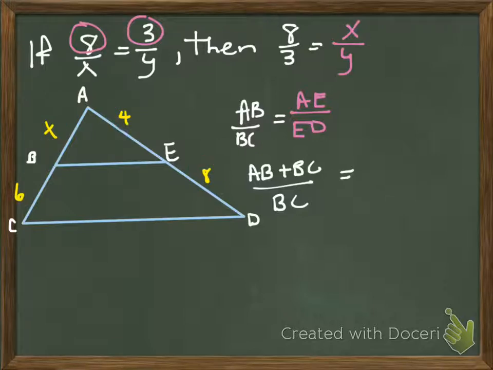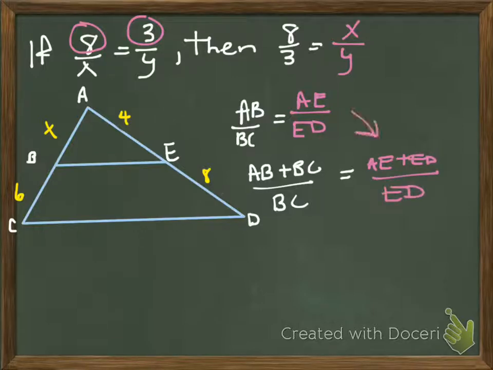Now if we use the same problem, and now we have AB plus BC over BC, what do you think the other side is going to look like? Yeah, AE plus ED over ED.